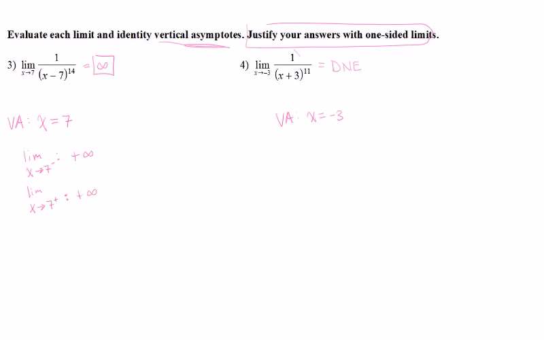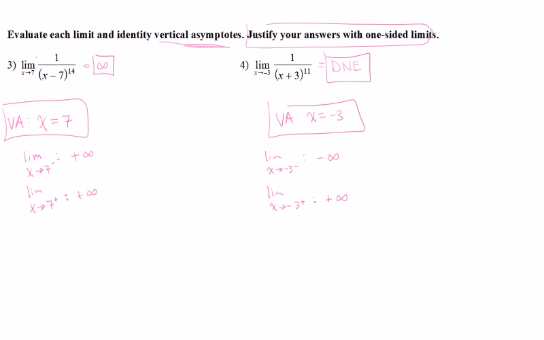All right, and then in this one, the limit as x approaches -3 from the left is going to be negative infinity, and the limit as x approaches -3 from the right is going to be positive infinity, right? And the fact that these are different is why we have DNE as our answer here, okay? All right, so that's the justification there.